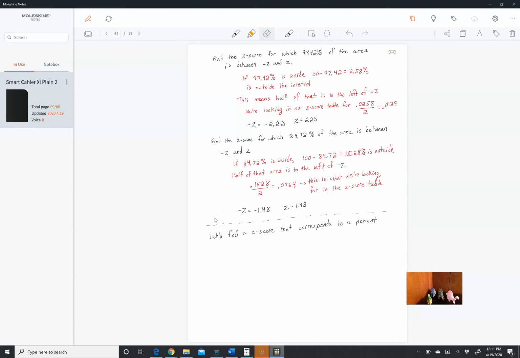For example, a z-score that corresponds to 5% says 5% of the area is below that z-score.